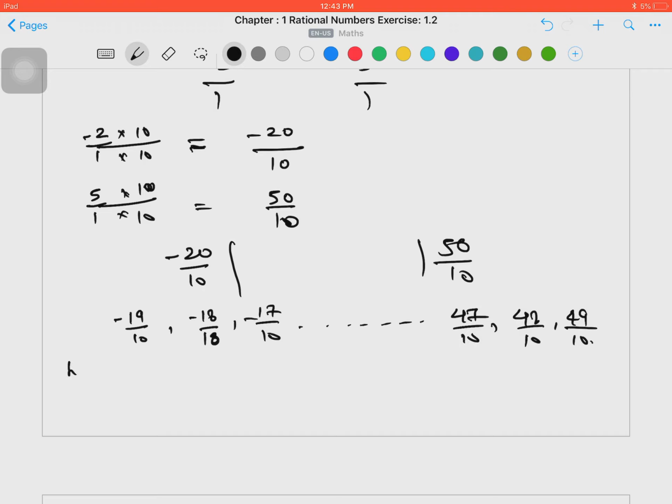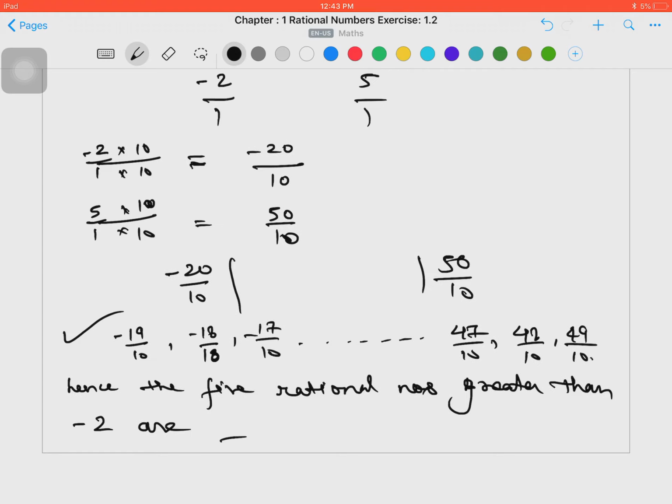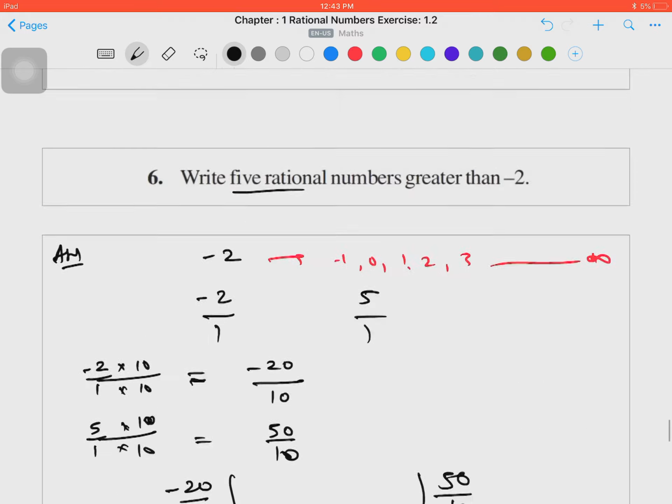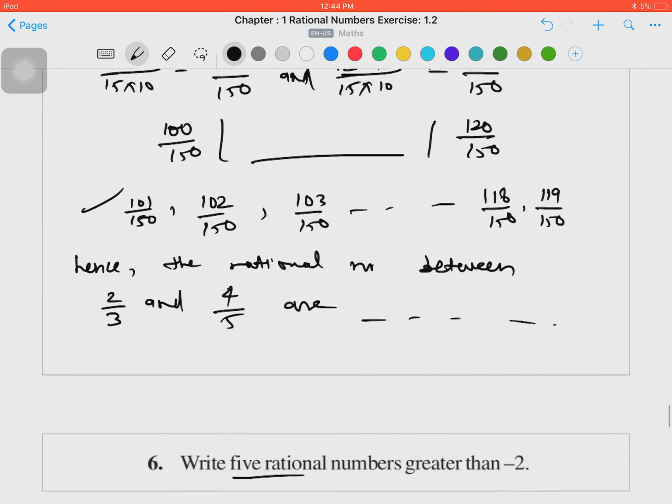So you can write hence the 5 rational numbers greater than -2 are, you can write any 5. I leave that to you. So I have done the question number 6 here.